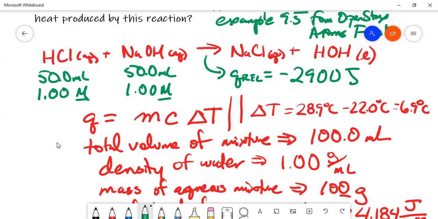We were talking about a coffee cup absorbing heat energy and that heat energy being released by water that was placed into it. We were talking about a hot piece of metal being placed into water in a coffee cup and the hot metal releasing energy and the coffee cup and water absorbing that energy.